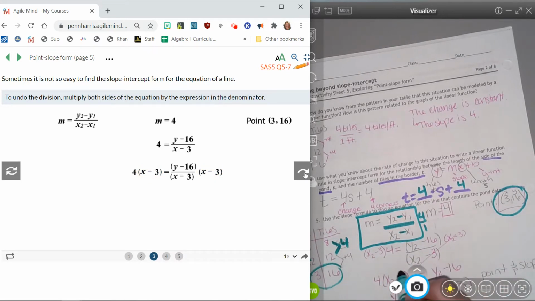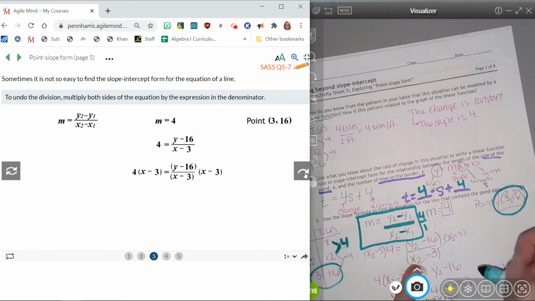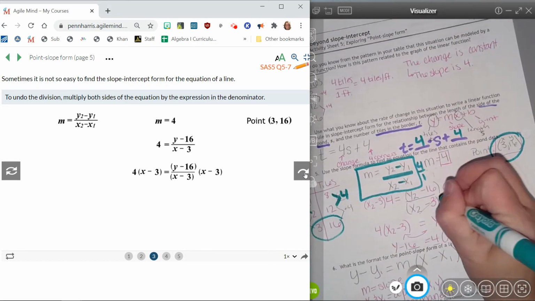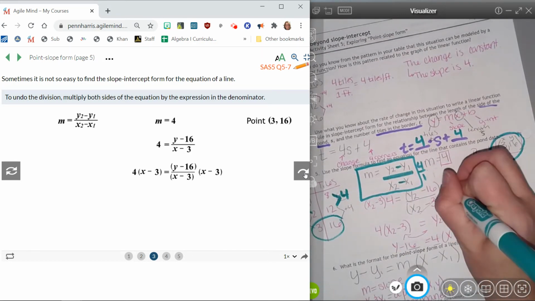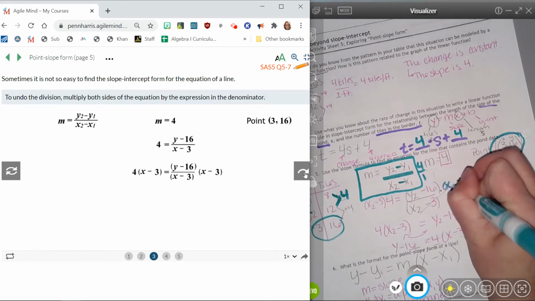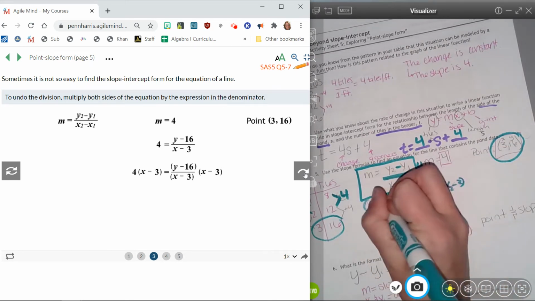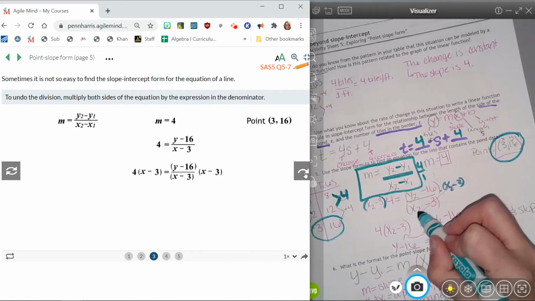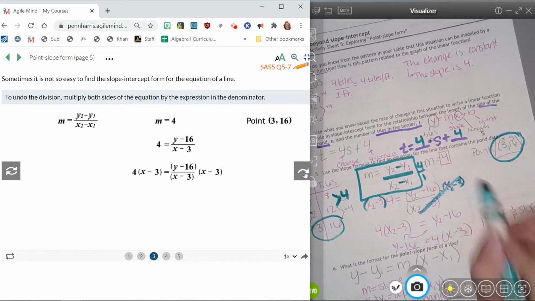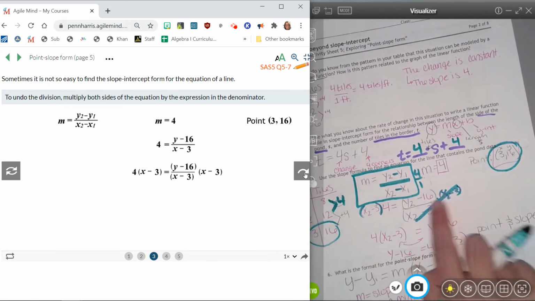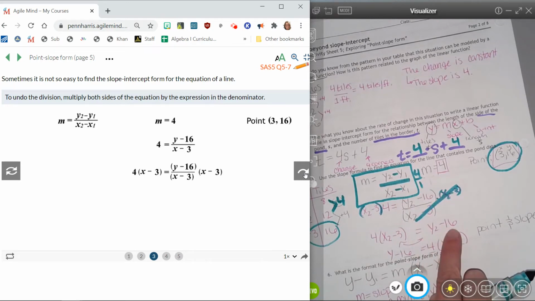So what I'm going to do is, because this is division, we multiply. We're going to multiply both sides by the x2 point minus 3. Multiply it on this side by the same thing. My denominator cancels with the numerator. All that's left now is y2 minus 16 equals 4 times x2 minus 3.